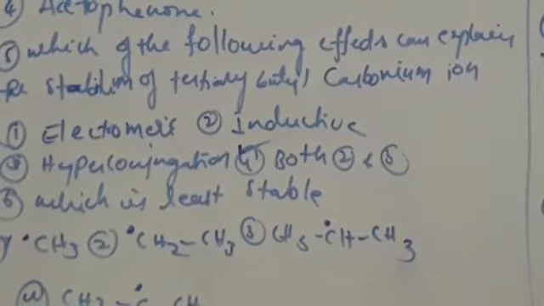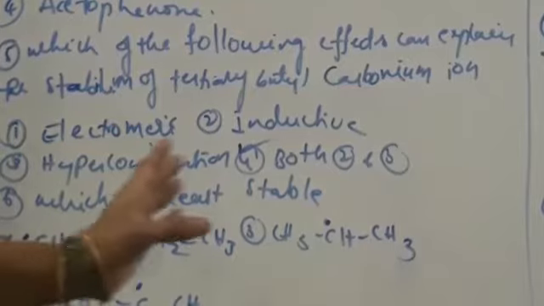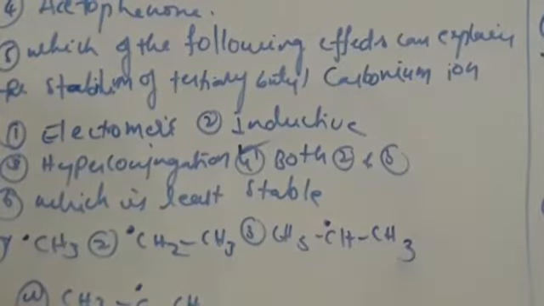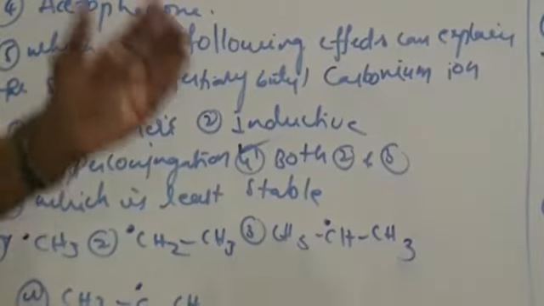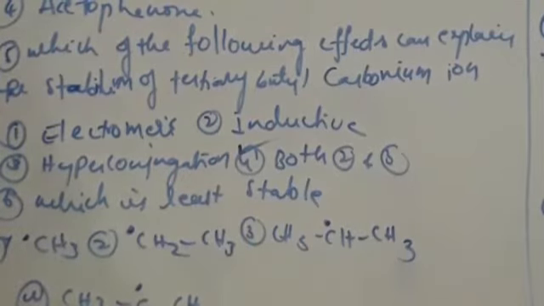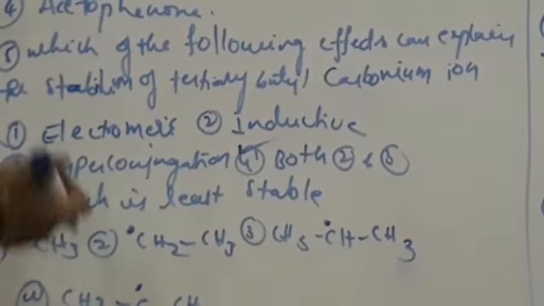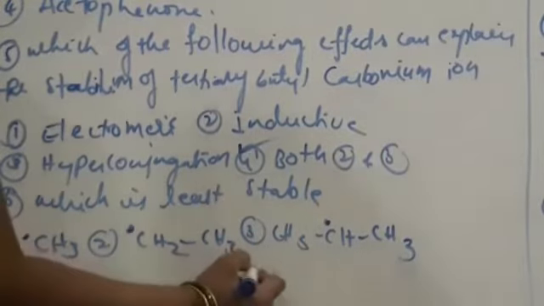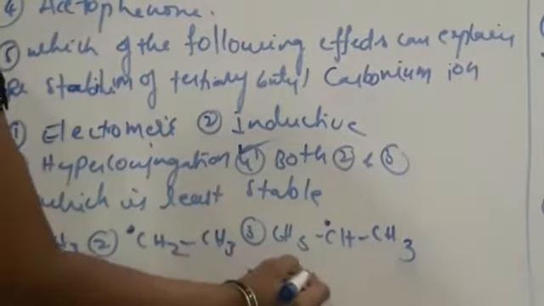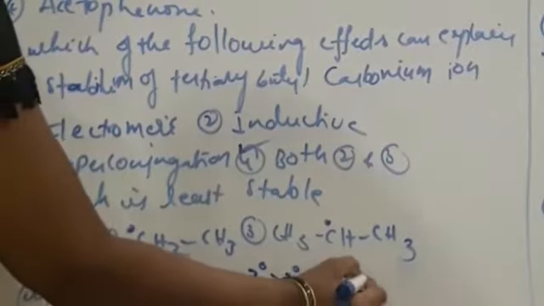So stability order of free radicals: tertiary free radical is more stable than secondary, secondary is more stable than primary, which is more stable than methyl. Tertiary is greater than secondary, greater than primary, greater than methyl free radical. So here the least stable free radical is methyl free radical. So this is the correct option.